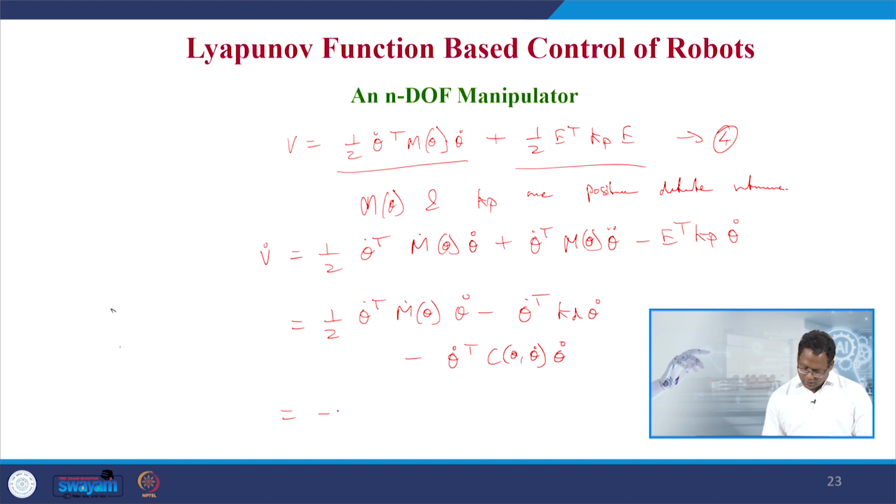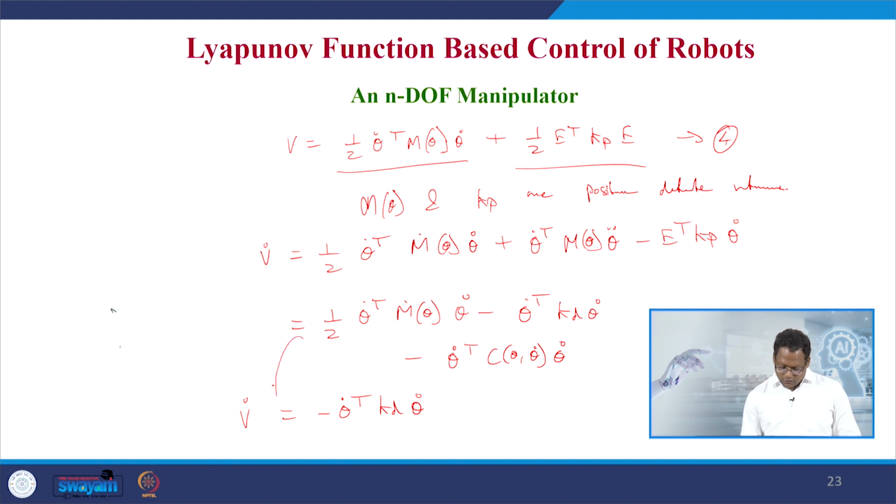Now, we end up with only one term on the right hand side, that is V dot equal to minus theta dot transpose Kd theta dot.